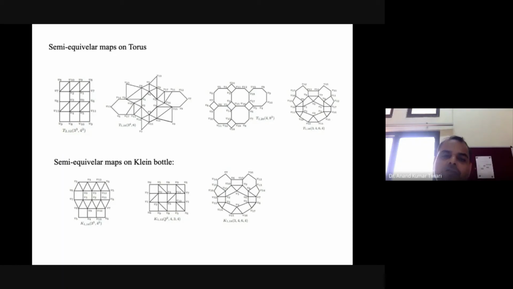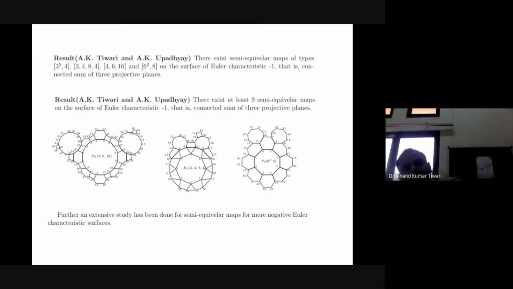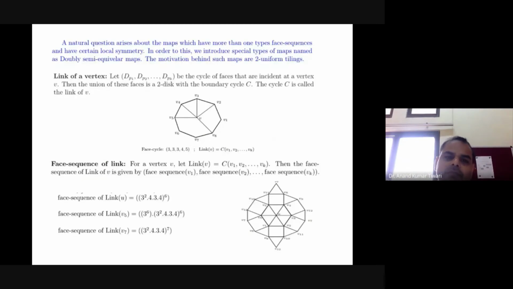The upper four figures are semi-equivalent maps on the torus, and the lower three figures represent semi-equivalent maps on the Klein bottle. Later, we classified some semi-equivalent maps on the surface of Euler characteristic -1. So these are a few examples.